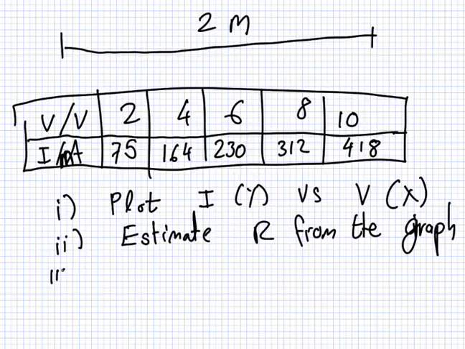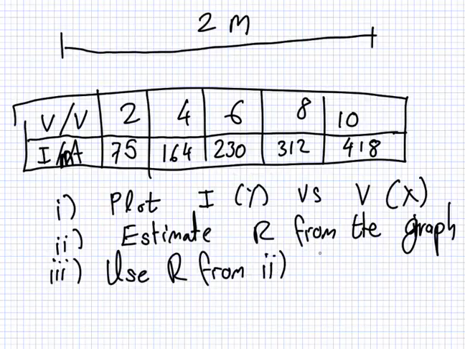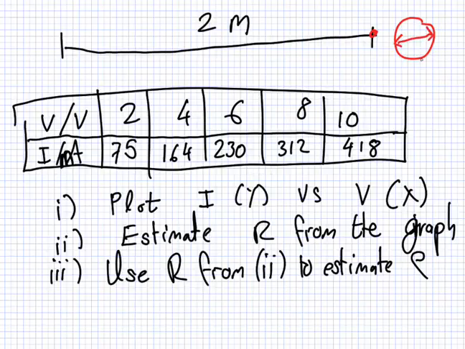And then 3, use the R from 2 to estimate the resistivity constant. I'm getting there. You need to know the area. So what I'm going to do here is give you the diameter. I'll say the diameter is quite small. Let's say 0.2 millimeters. That's the diameter.